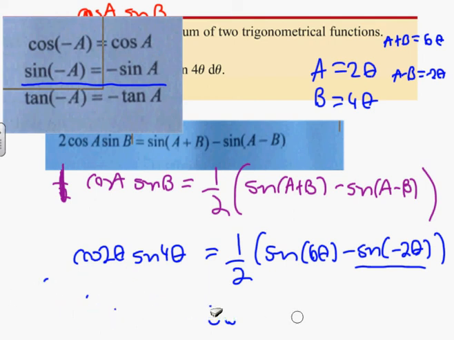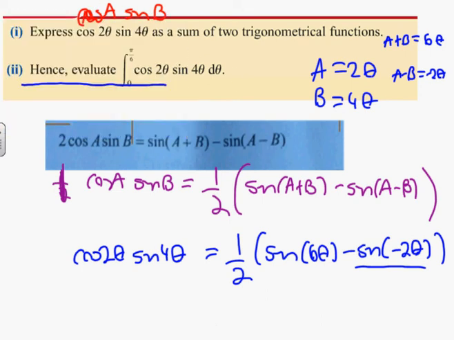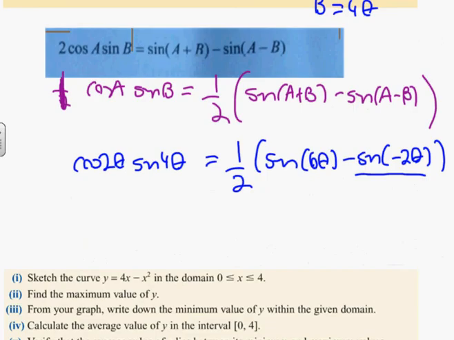So what does this mean regarding our proof? What we can have here is minus bracket minus sine 2 theta, using that rule there, and the two minuses make a plus.